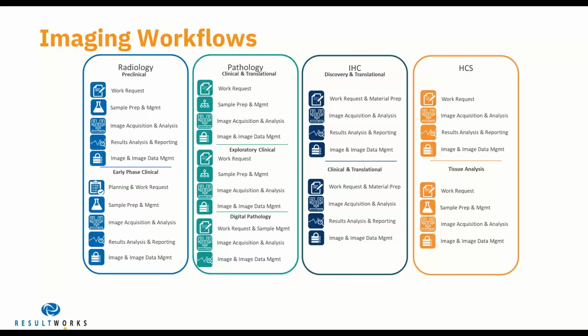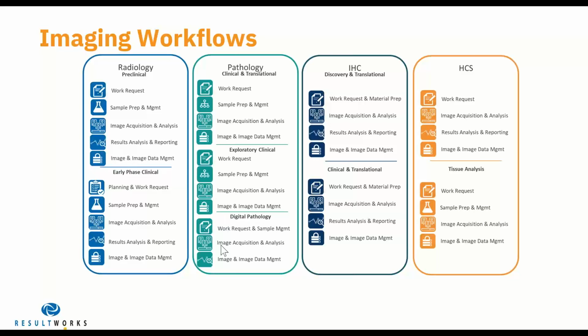As we laid out the workflows and then started to compare the workflows, you look at all these different groups generating and doing work with images, and the workflows are generally pretty consistent. People are doing work requests, they're doing sample prep and management, they're acquiring the image and doing analysis, they're generating results, analyzing the results, reporting on the results, they're storing the image and the image data.